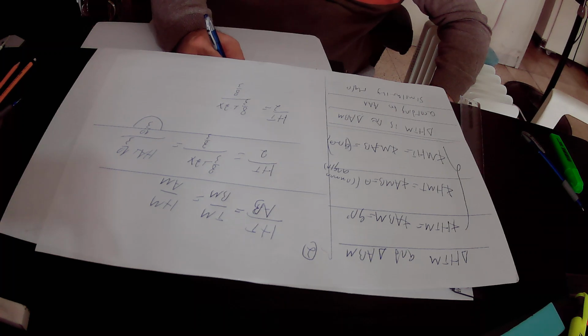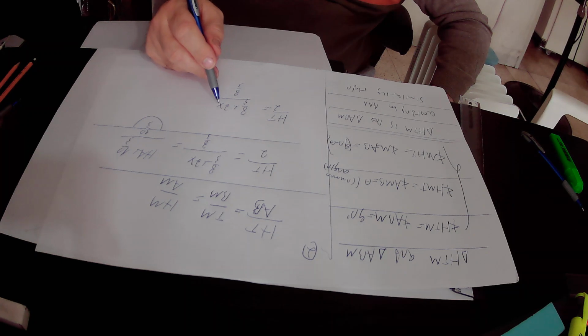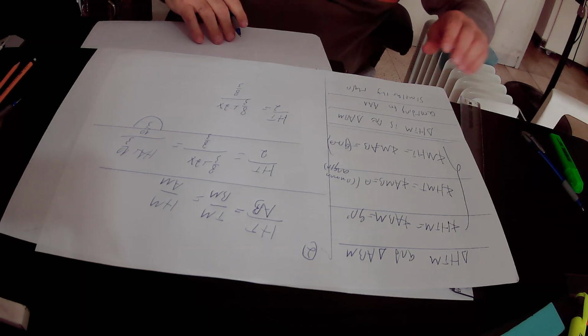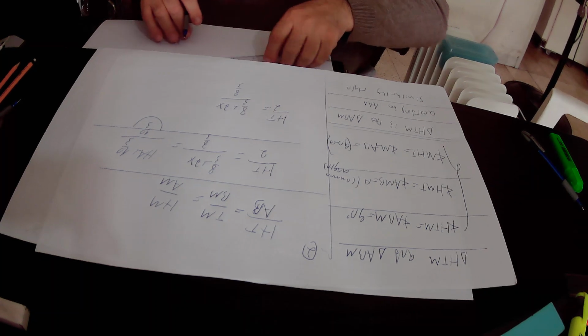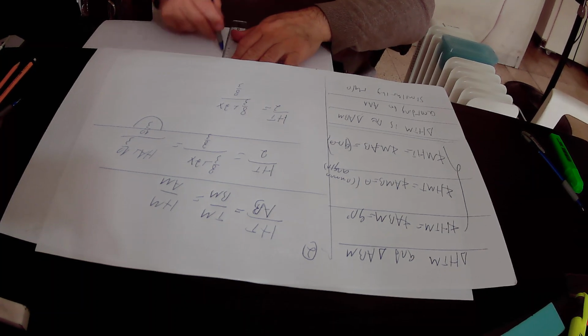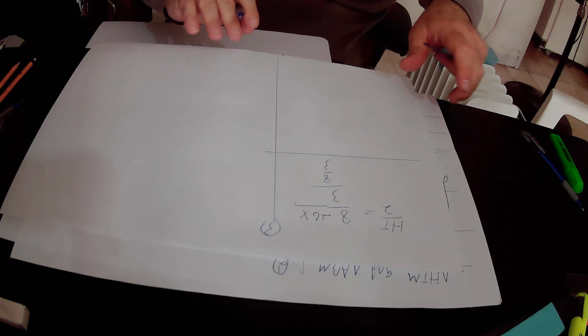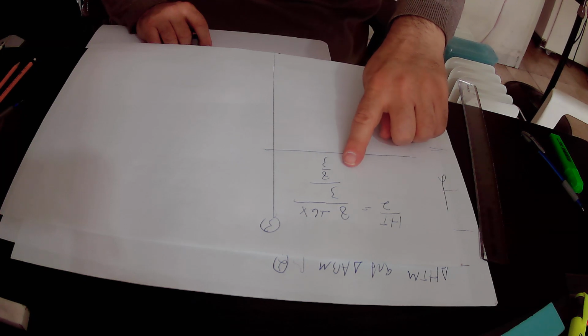So this expression equals 8 plus 6x over 3 divided by 8 over 3. So in conclusion, we found out that HT over 2 equals 8 plus 6x over 3 divided by 8 over 3.